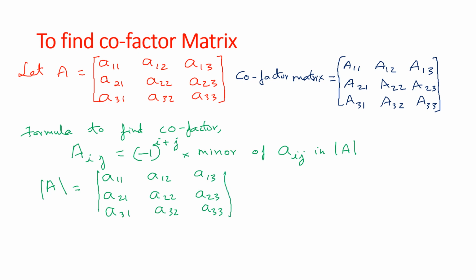Okay, this is how we write. Now how to find the cofactor? Let me explain this in the next slide. Let me find some of the cofactors. So in the same way you can continue.